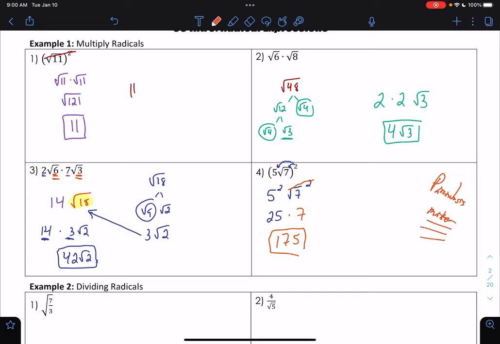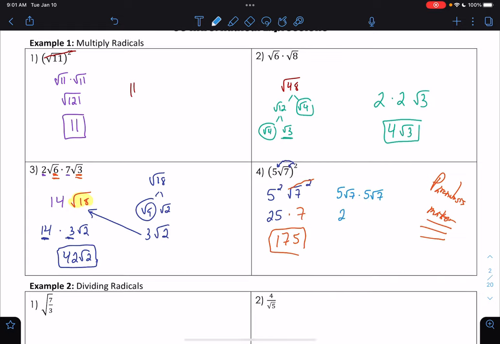We're going to have problems like that in this unit where you need to square something that's in parentheses, which means that exponent is getting applied to everything within that parenthesis. Another way of thinking about this is that an exponent of 2 means multiplying by itself twice. So you've got 5 square root of 7 times 5 square root of 7. 5 times 5 is 25.